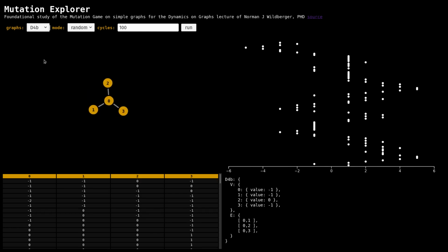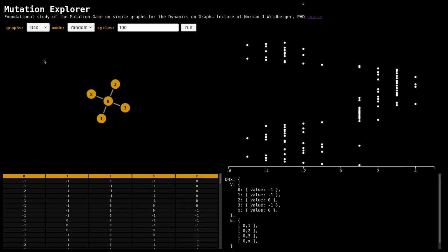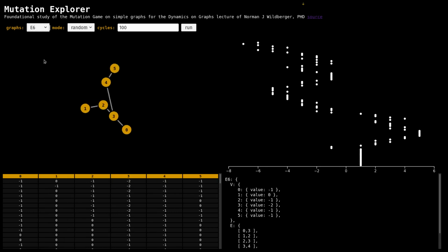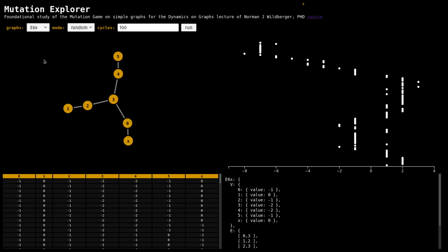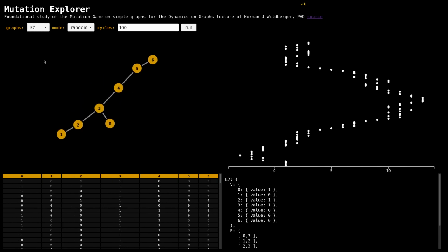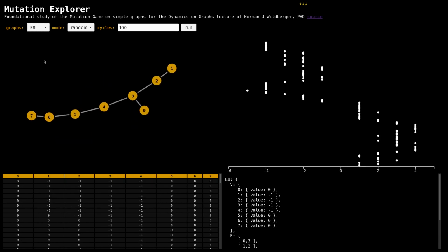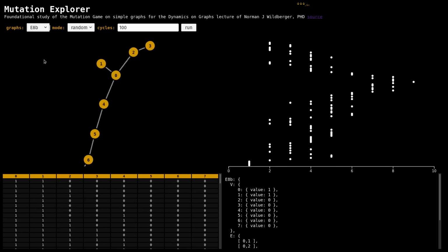And D4b is just a little alternate on that. D4, sometimes called tilde. I'm calling it X because tilde is a problematic character in code. So, here, this is adding an extra node to an already defined graph. And then the E graphs, so E6, E6X, E7, E8, and E8b, which is just a little different arrangement.